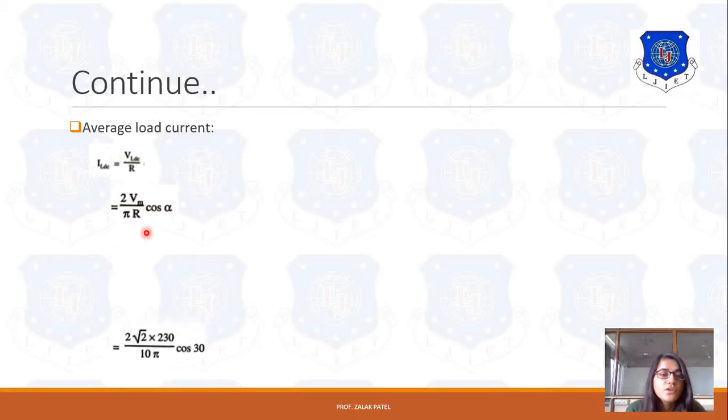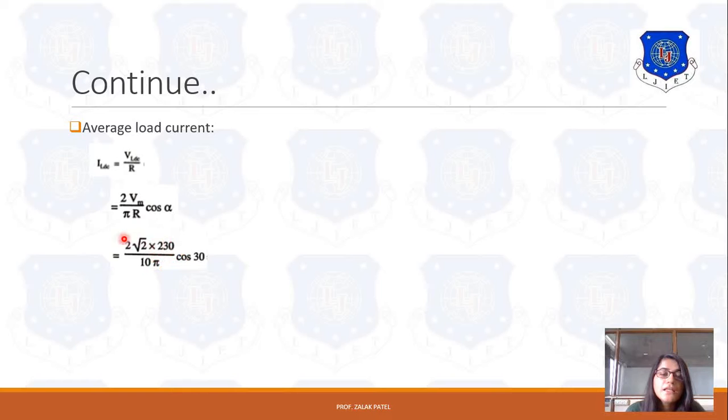So let's put the values over here. For Vm, the maximum voltage, we have to multiply root 2 with the RMS voltage. In the problem statement, the RMS voltage value is given as 230 volts.